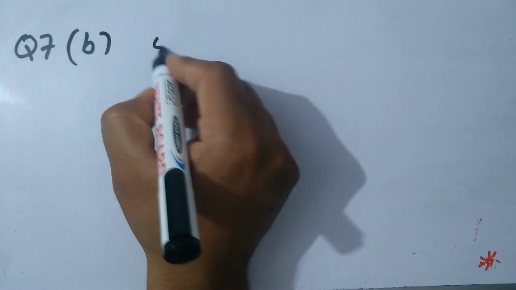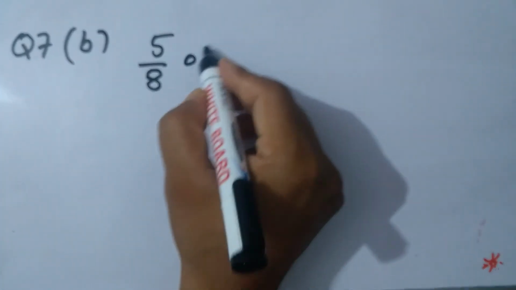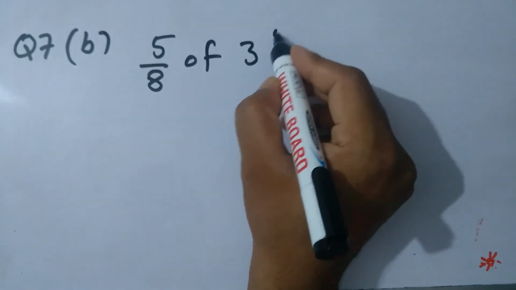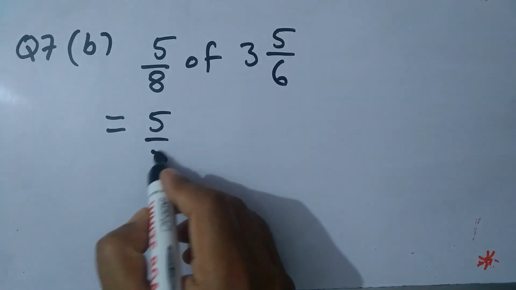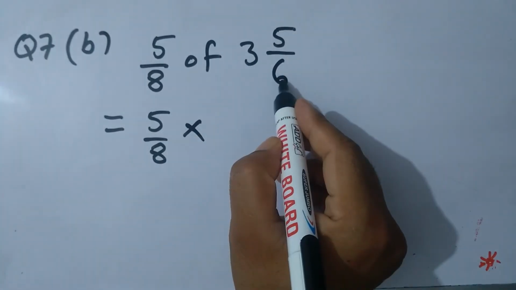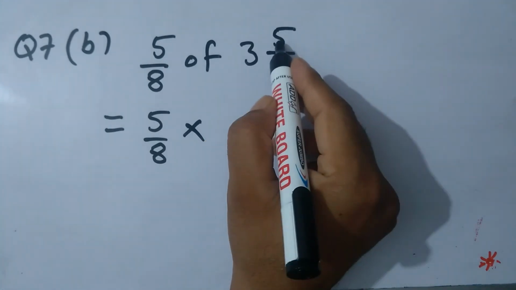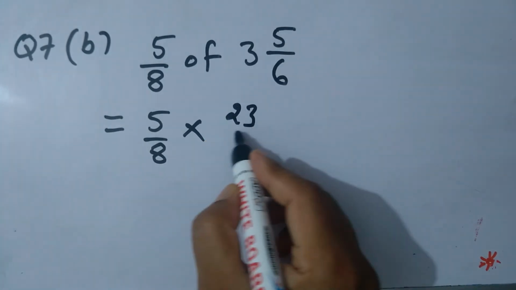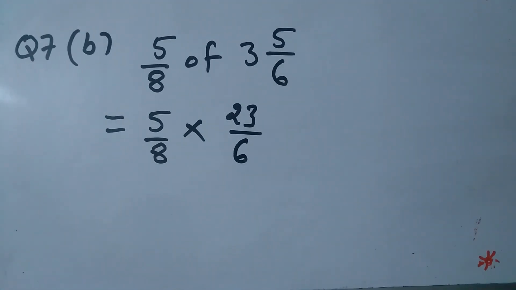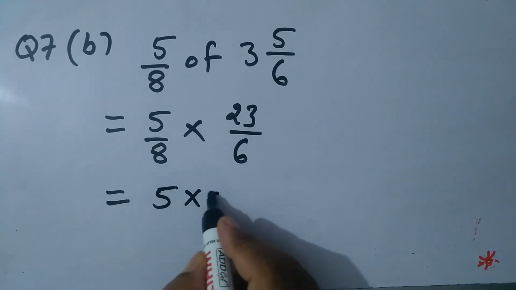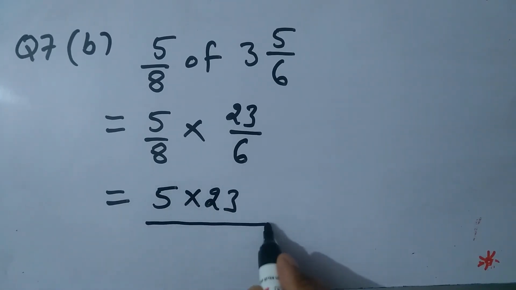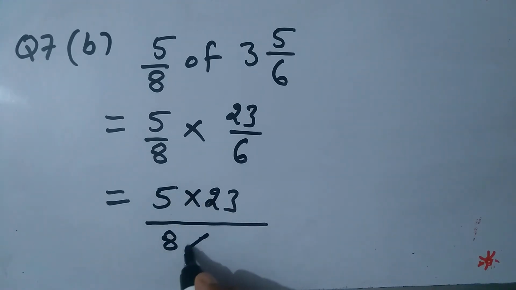Now we have question number 7, B part, 5 by 8 of 3 and 5 upon 6. So this means 5 by 8 into 3 into 6, 18. 18 plus 5, 23 upon 6. So how to write now? This is equal to 5 into 23 divided by 8 into 6.